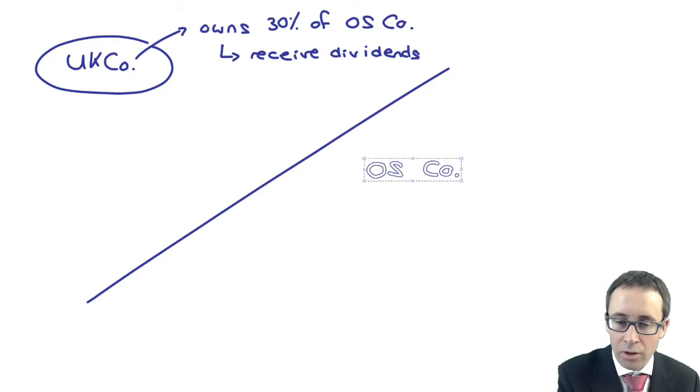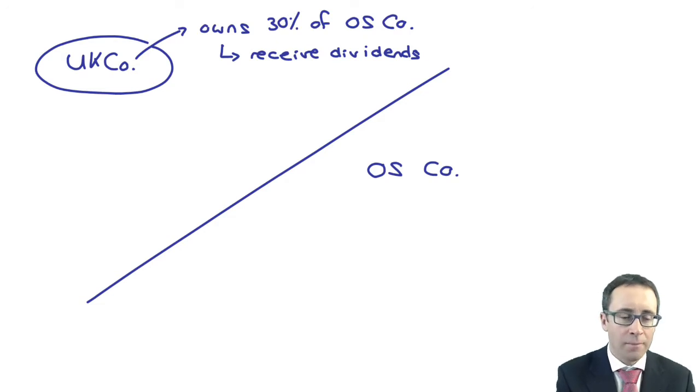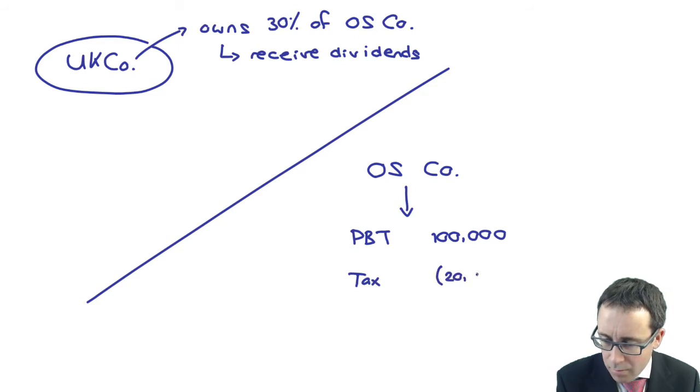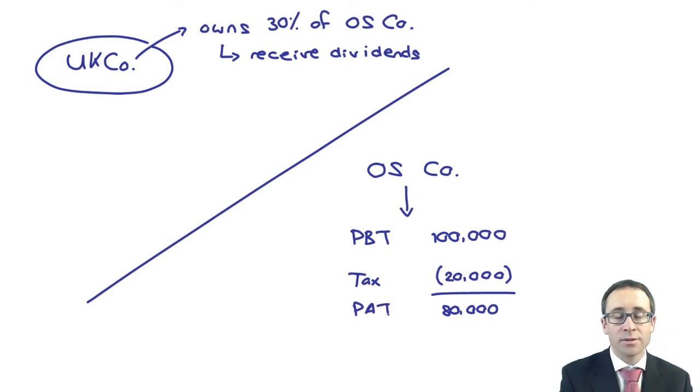Okay, so we need to look at the different types of taxes that the overseas company has gone through and paid. So let's just say that the overseas company has profits before tax of, shall we say, £100,000. The tax that it pays is there as 20, so giving it profit after tax of 80,000.